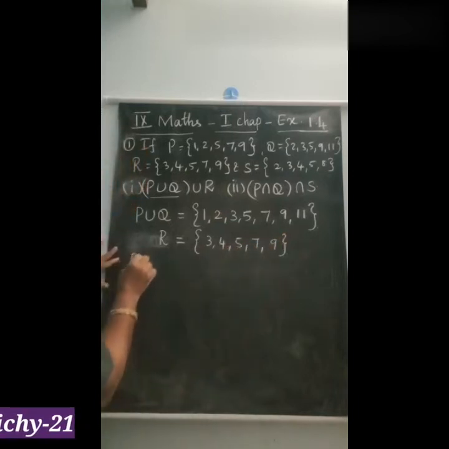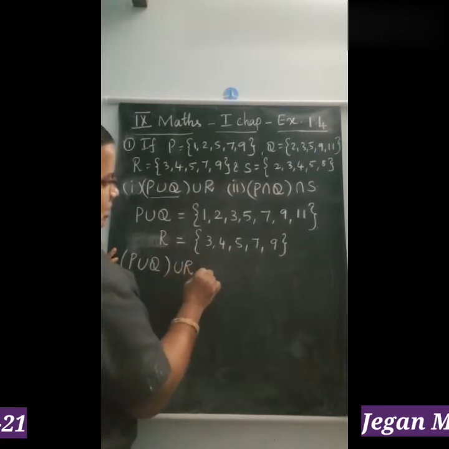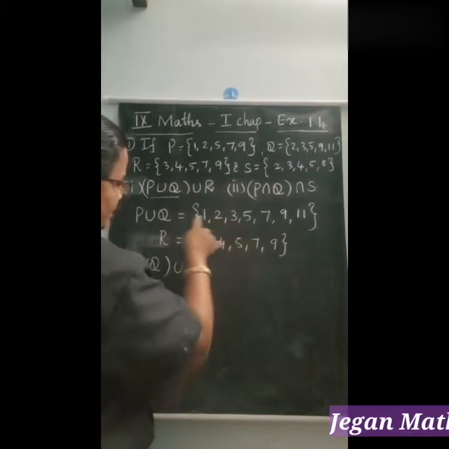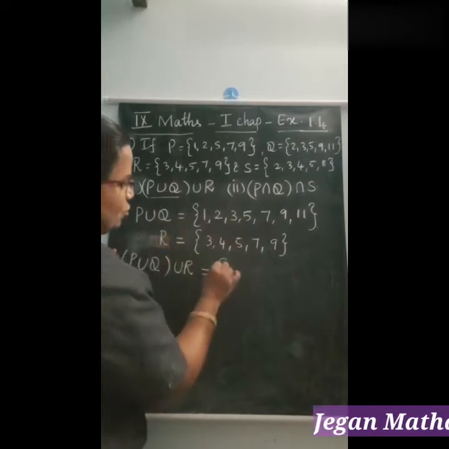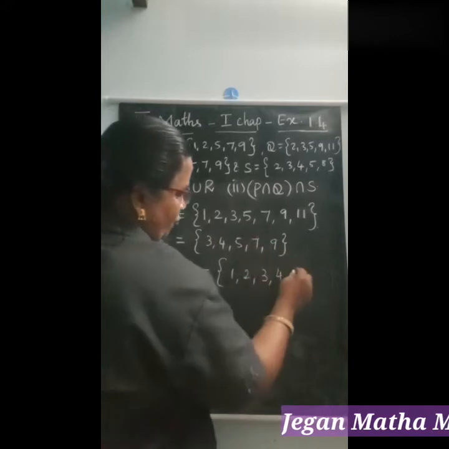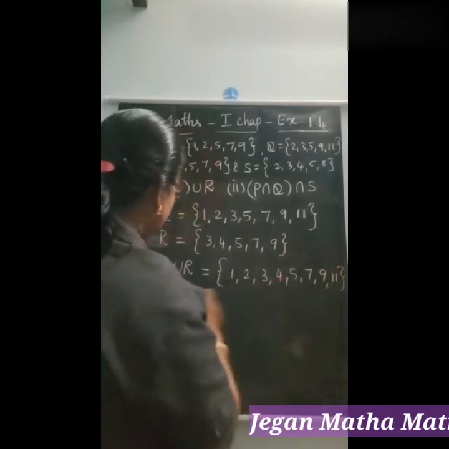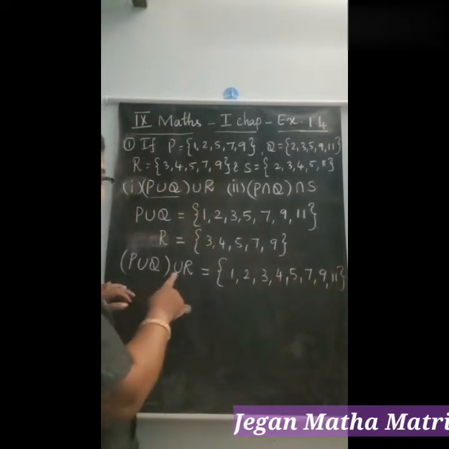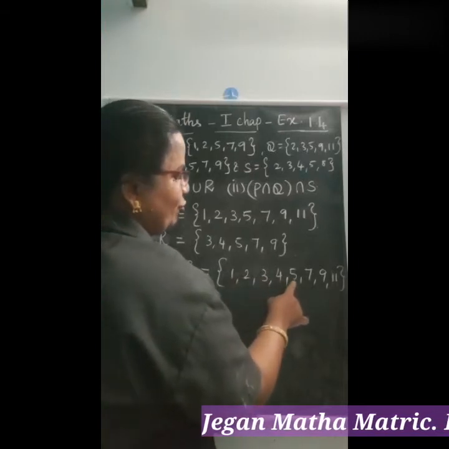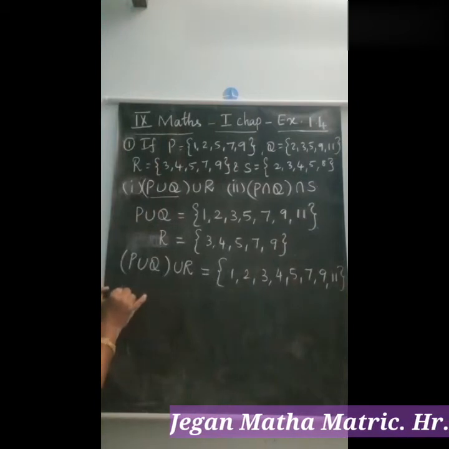Now we have to write P union Q union R, so you have to write all the terms in P union Q and R. So, 1, 2, 3, 4, 5, 7, 9, 11. This is the answer for P union Q union R is equal to 1, 2, 3, 4, 5, 7, 9, 11.